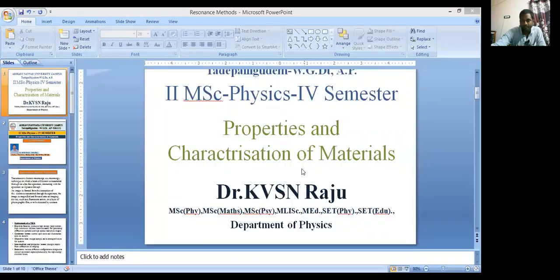So in this session we will discuss Larmor precession. Larmor precession means when the atom is placed in an external magnetic field, the electron orbit precesses about the field direction.